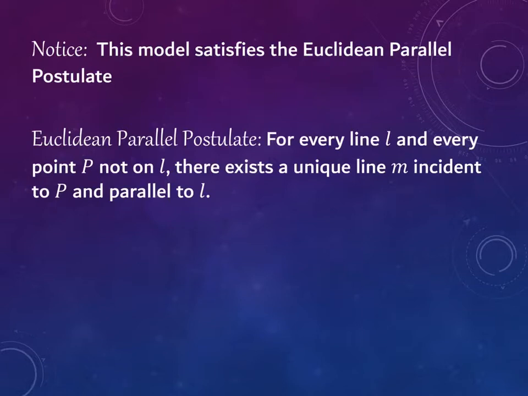And like we did with our incidence axioms just a moment ago, we're going to confirm that this is actually true. I won't switch my slide just yet, but write this down and then we're going to double check it.